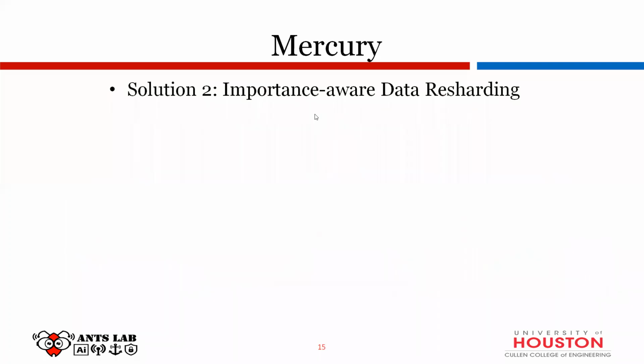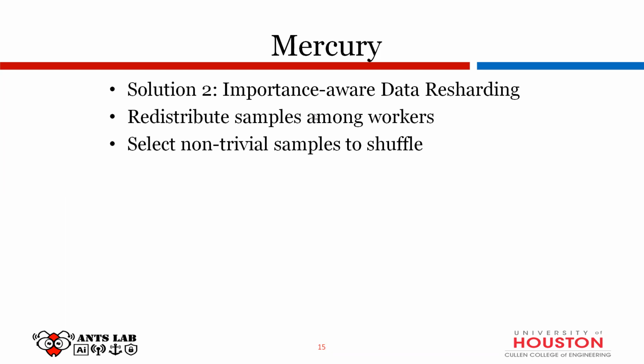So what they try to solve this with is importance-aware data sharding. What it does is redistribute the samples among the workers, and to reduce the communication due to limited bandwidth, they must select the non-trivial samples to shuffle.